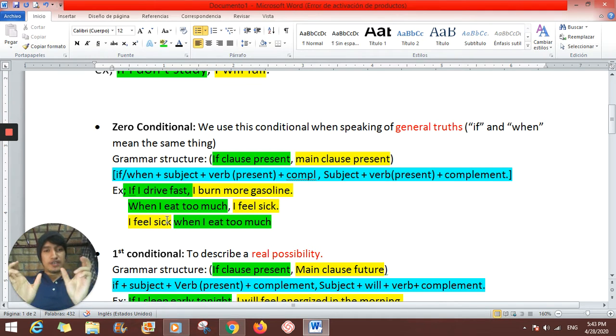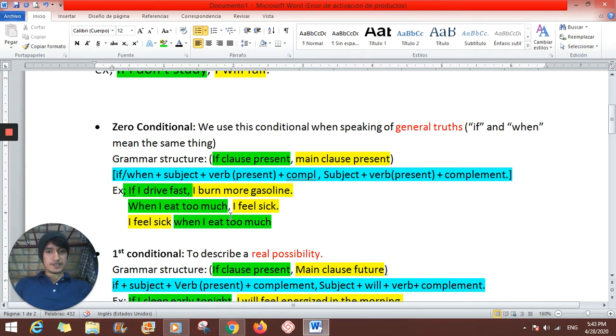We can also change the place of the main clause over here, and put the if clause last. Here's an example. In this one, your result goes first. I feel sick when I eat too much. And it means exactly the same thing. This is also correct.